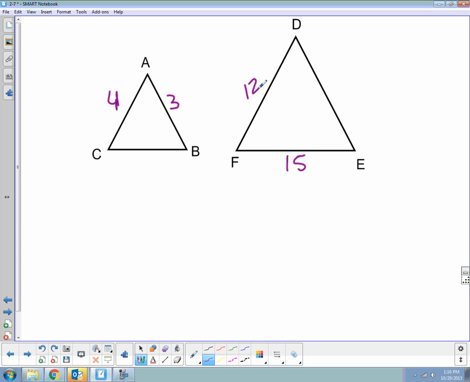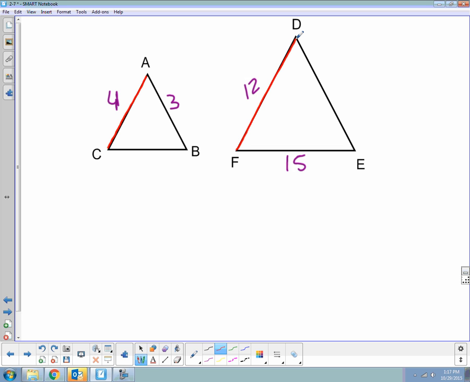If I want to figure out how long the missing sides are, one thing that works with similar triangles or similar figures in general is that the side lengths are proportional. What that means is that 4 and 12, the corresponding or the matching sides, this side here, AC, matches with side DF. The corresponding sides have proportional sides.